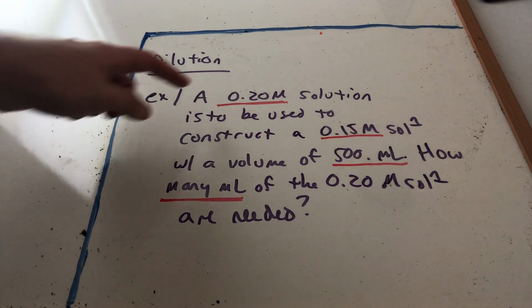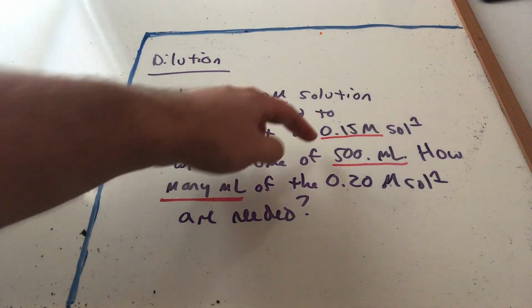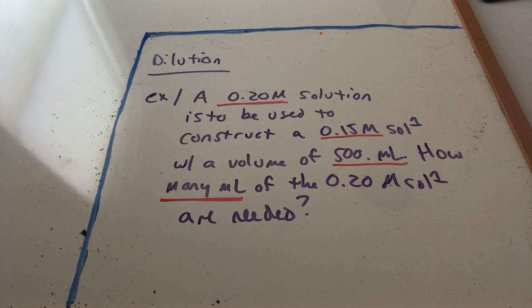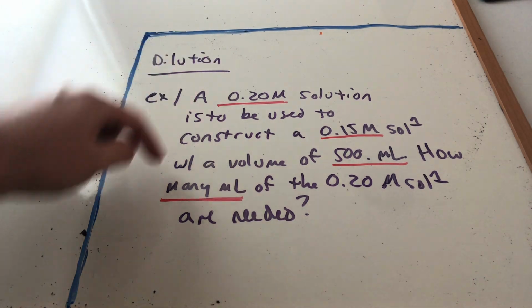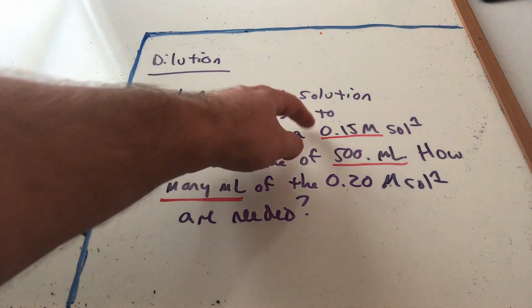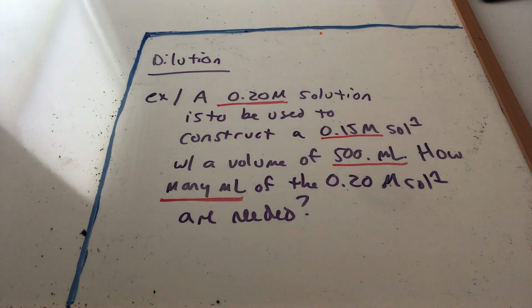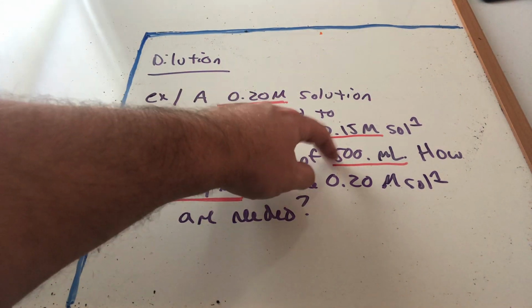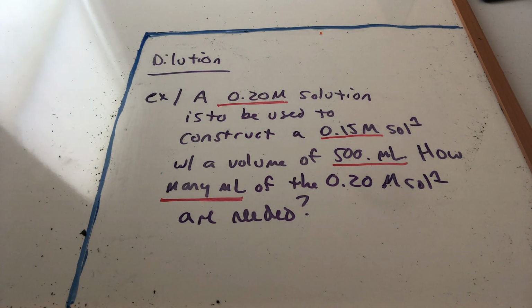There's an interplay between an M and a V and another M and a V. There's no reaction mentioned. They're not even telling you what the solution is. They're just saying, hey, there's a certain concentration. We want to know how much of it we need to create this solution that has a very specific concentration and a very specific volume. This is M1V1 equals M2V2.